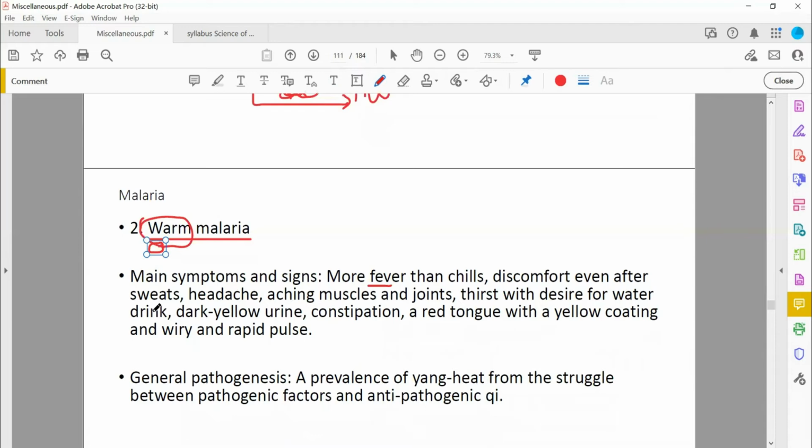If we have sweating, after sweating our temperature will go lower a little bit, right? But here, discomfort even after sweat. So that means the heat is strong. Headache, aching muscles and joints, thirst with a desire to drink water, dark yellow urine, constipation, red tongue with yellow coating, very rapid pulse.